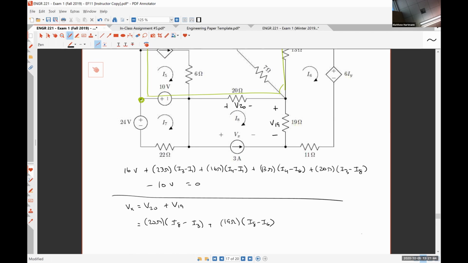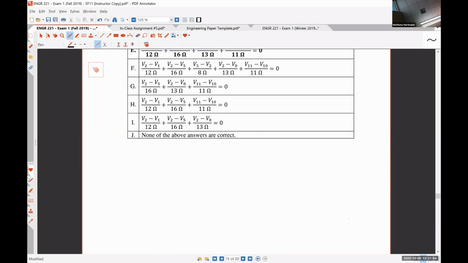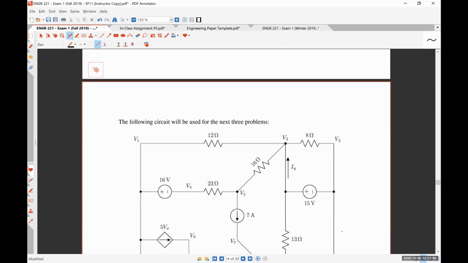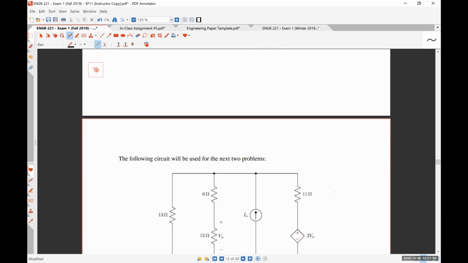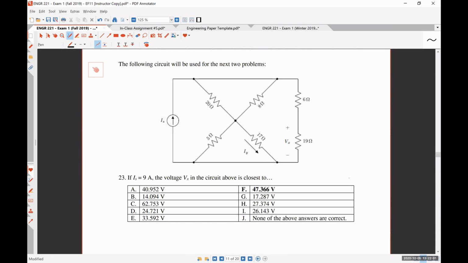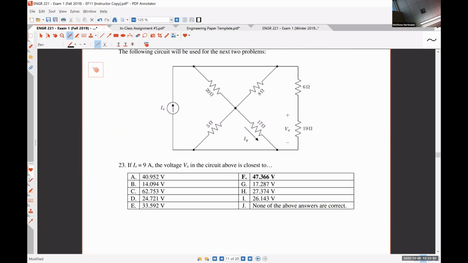Next question. Could you look at 23 on that same test? All right, so 95% sure I did this using nodal analysis because there are 4 meshes and I didn't want to mess with things.